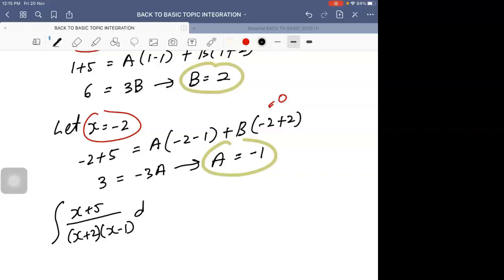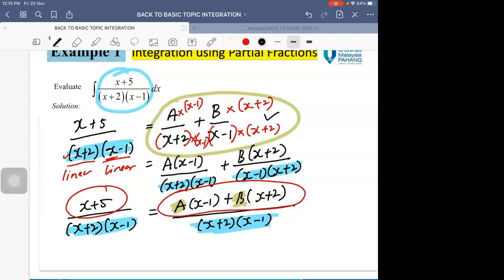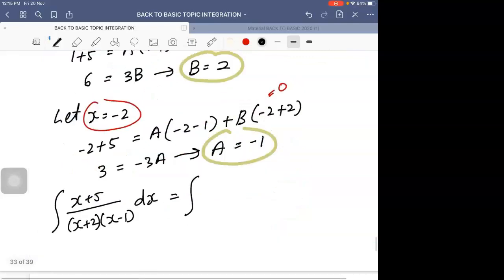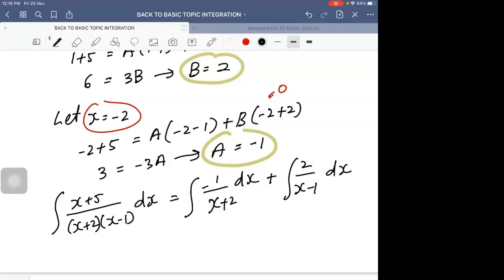I can write in terms of my partial fraction by substituting my a and b. So a is negative 1 over x plus 2 dx, and then plus my b is 2 over x minus 1 dx.